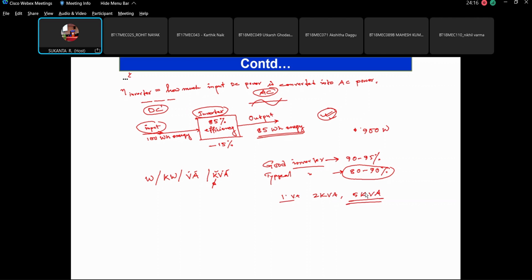This way we can find out from the market. Or sometimes it is mentioned as 1 kilowatt, 2 kilowatt or 5 kilowatt, and so on. So this way we have to choose the inverter.